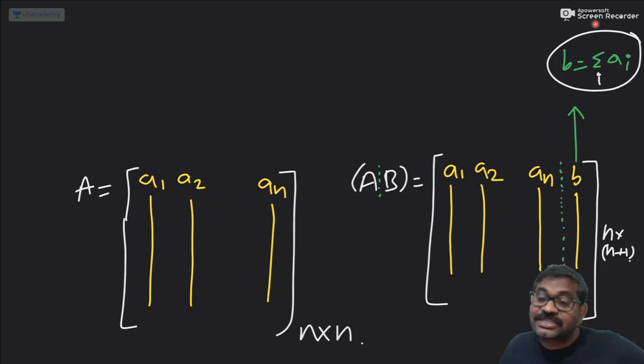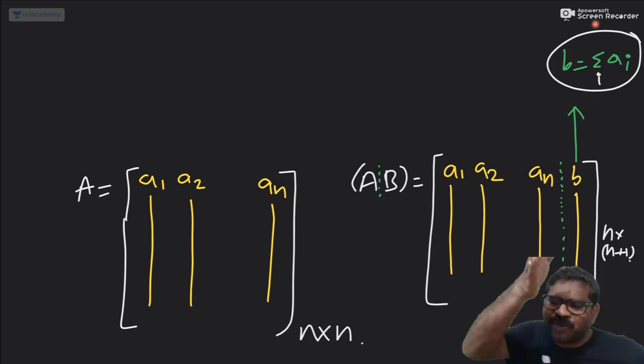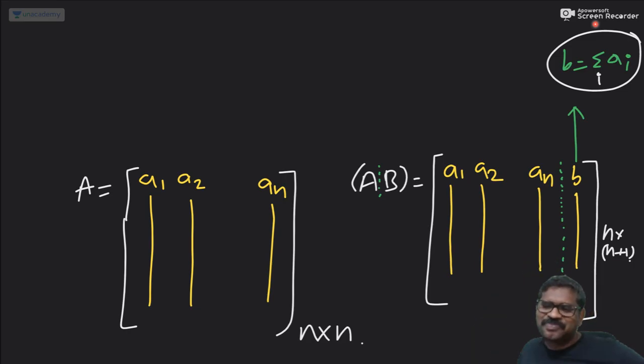Then if you apply the column operation, the last column is going to become a completely zero column. By that you can understand one point. What is that? B is depending on A, or B is independent of A? B is depending on A.